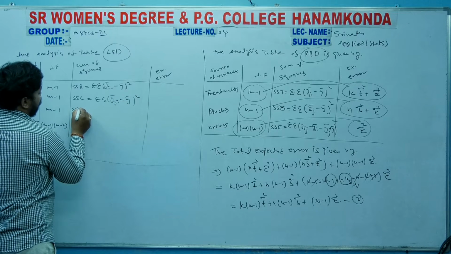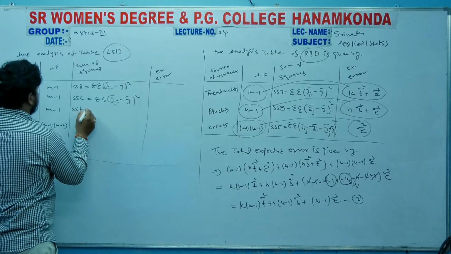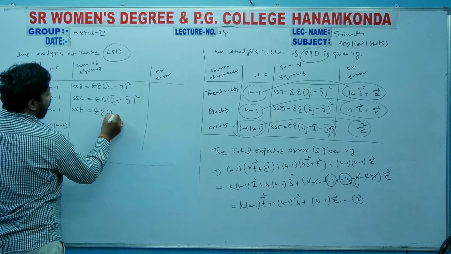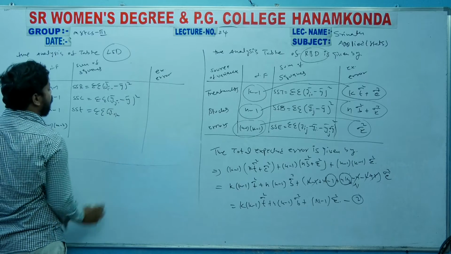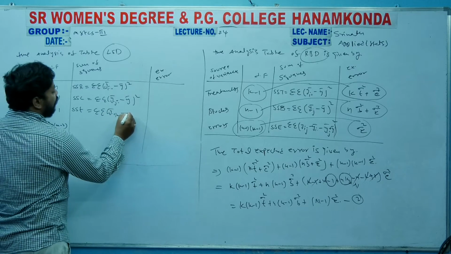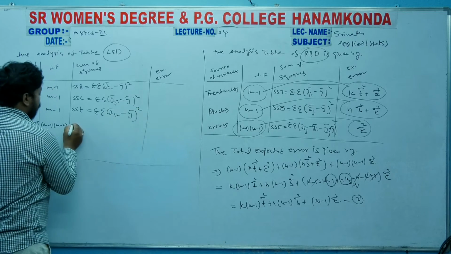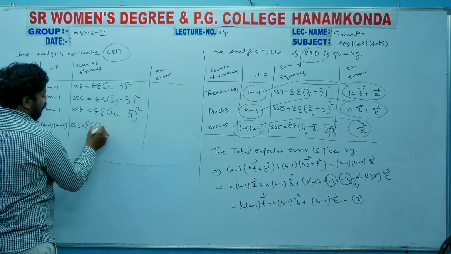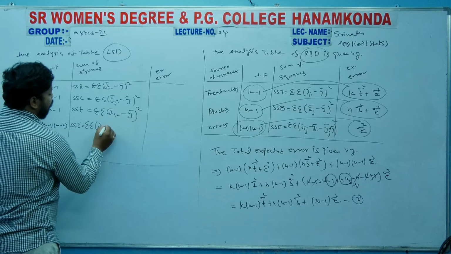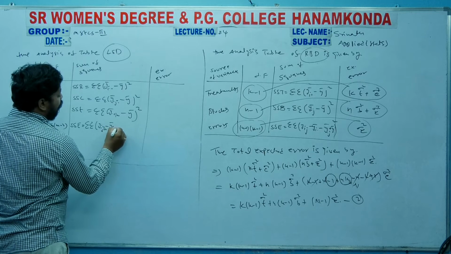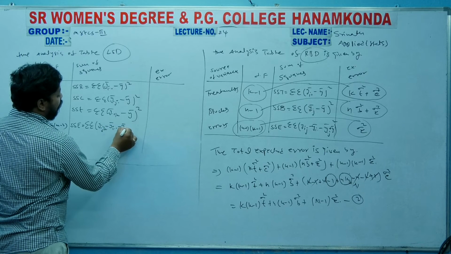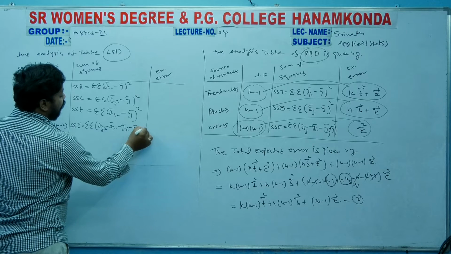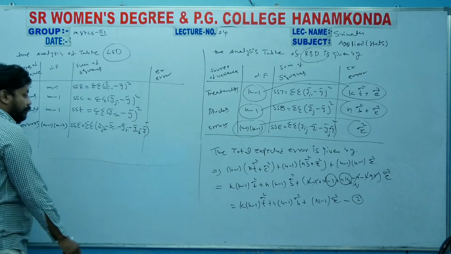Sum of squares of treatments is equal to double summation y dot k bar minus y bar whole square, and sum of squares of error is equal to y i j k minus y bar i dot minus y bar dot j dot minus y bar dot k minus y bar whole square.